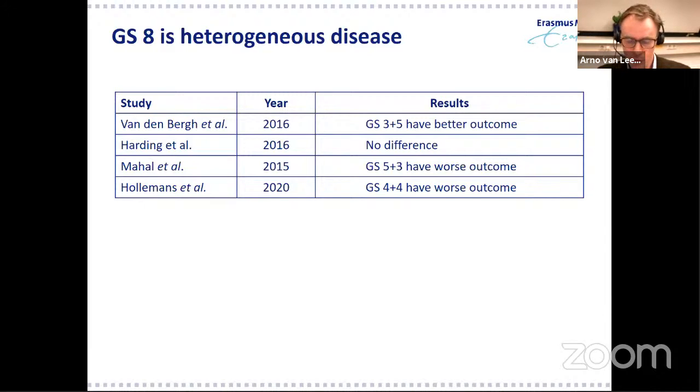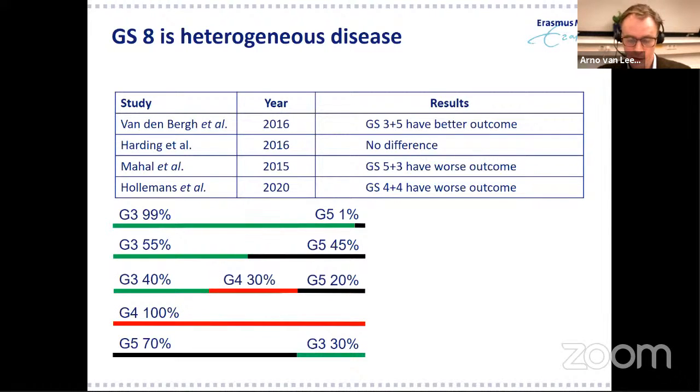It is important to realize that Gleason score 8 tumors are the most heterogeneous we have. These 5 examples all show how Gleason score 8 biopsies can have a large range of Gleason pattern 3, 4, and 5 percentages.